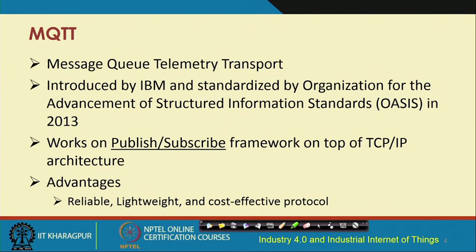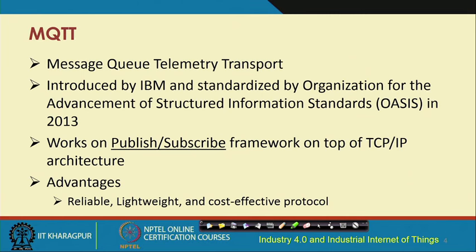This is the key thing in MQTT, and it has been designed to work on top of the existing TCP IP, but you could have a different variant of MQTT where the TCP IP framework may not be used. You could come up with something else.